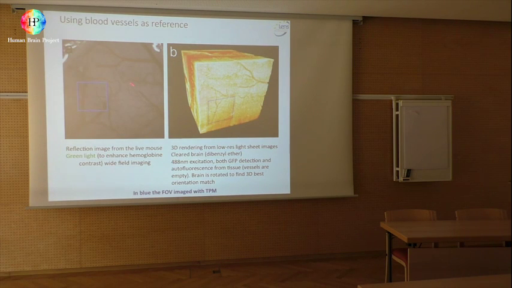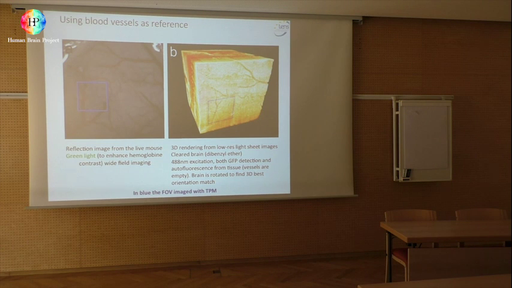Then we illuminate with green light. And with green light, we have a very high contrast on the blood vessels. So we can overlap the 2 photons with the wide field green light. When we sacrifice the mouse, we clear the brain, and when we clear the brain, all the buffer goes in all the parts of the brain except the vessels.